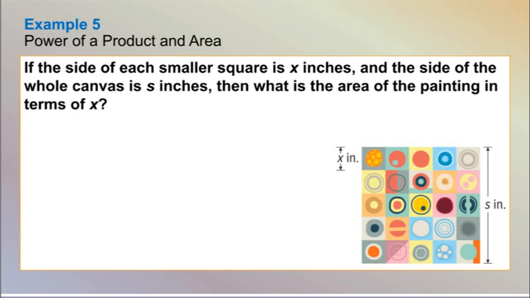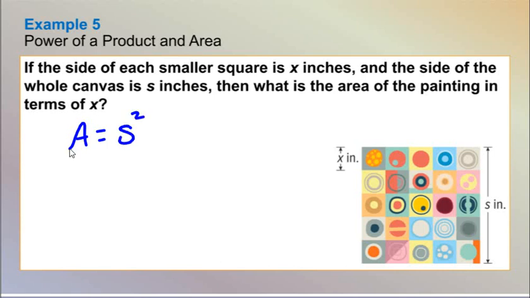Example 5, a word problem with a power of a product and area. If the side of each smaller square is x inches and the side of the whole canvas is s inches, then what is the area of the painting in terms of x? So the area of a square is s squared.